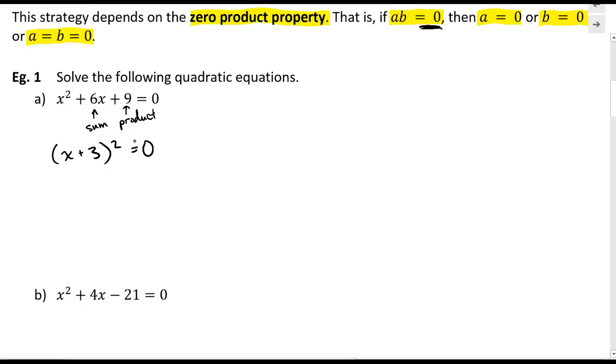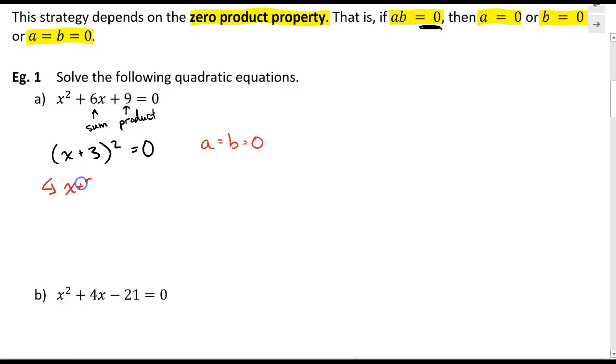So in this case, we're using the statement a equals b equals 0. We've got two of the exact same thing, and they're set equal to 0, so they both have to be equal to 0. So we can solve this from there.